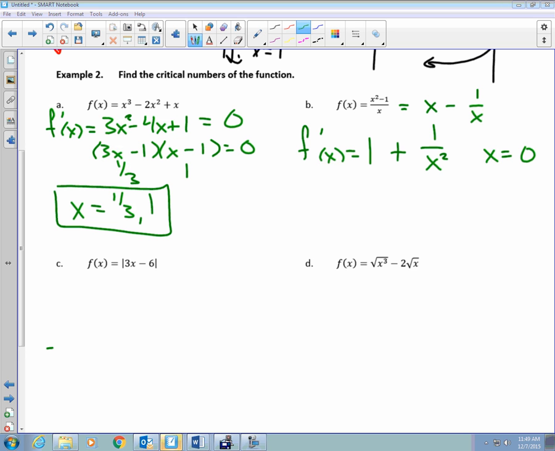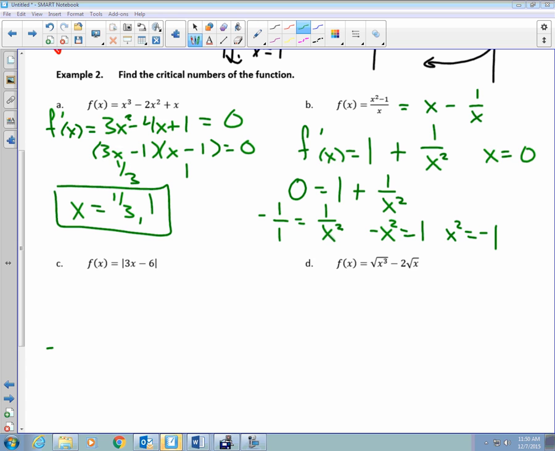Second of all, if you want to simply set the derivative equal to 0 and solve it, I'm going to subtract 1, and I'll cross multiply. I get a negative x squared is equal to 1, or x squared equals negative 1.